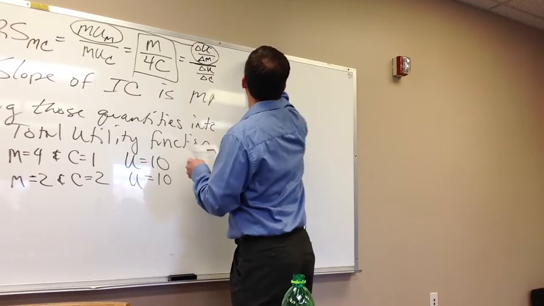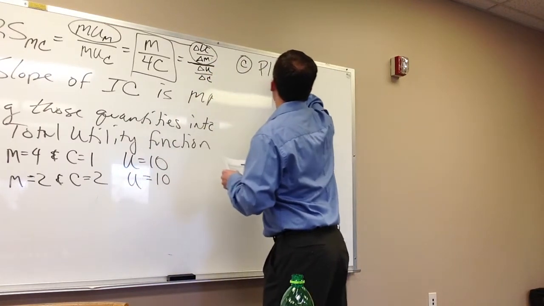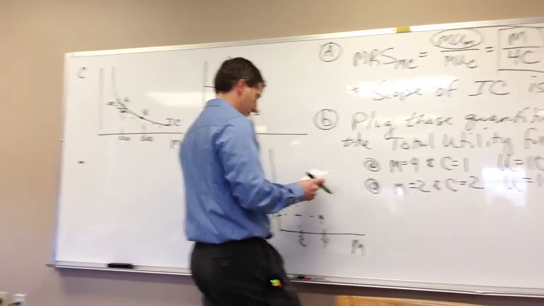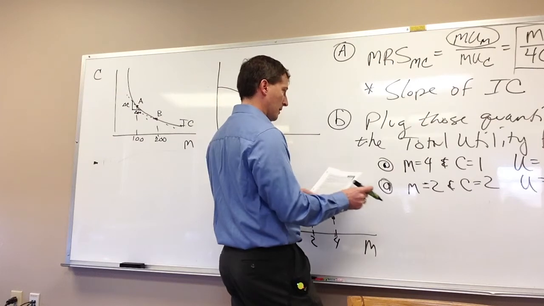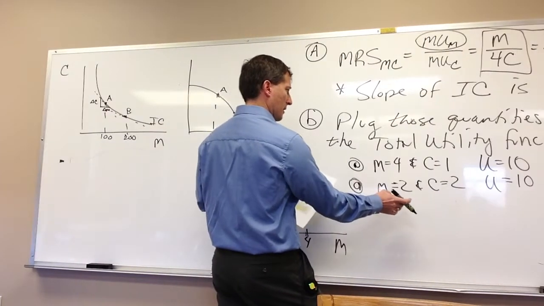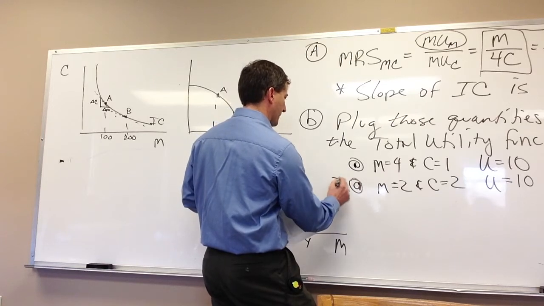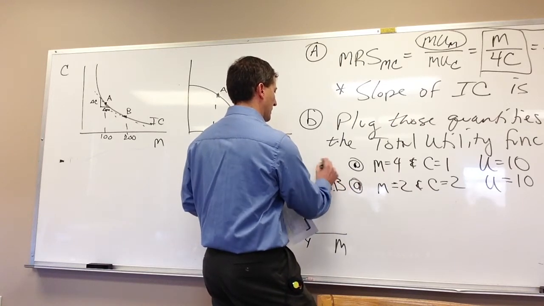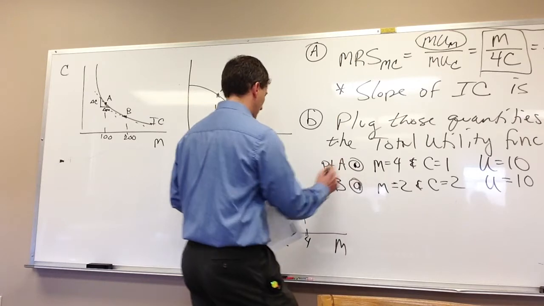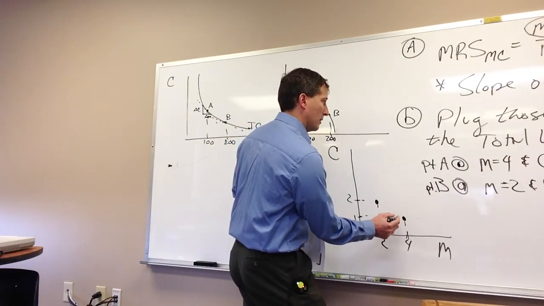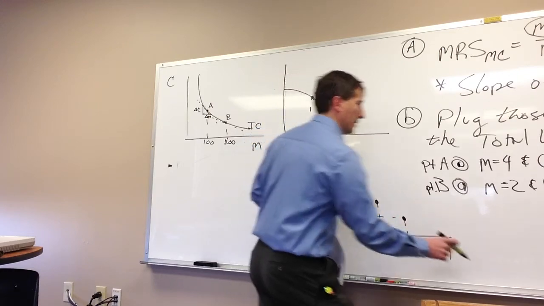Part C. I'm going to call these a couple points here. Let's see. I'm going to call this one point B. This one point A. So we've got... well, let me switch these.